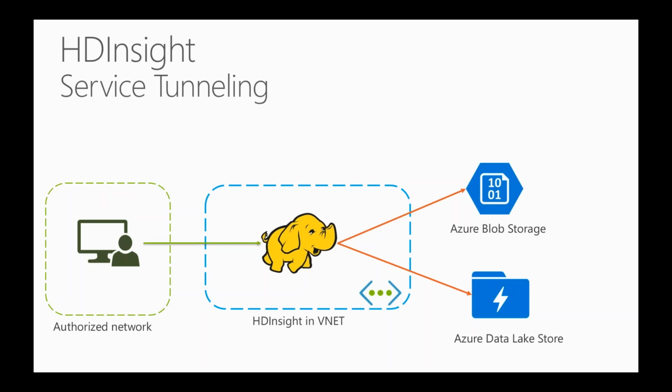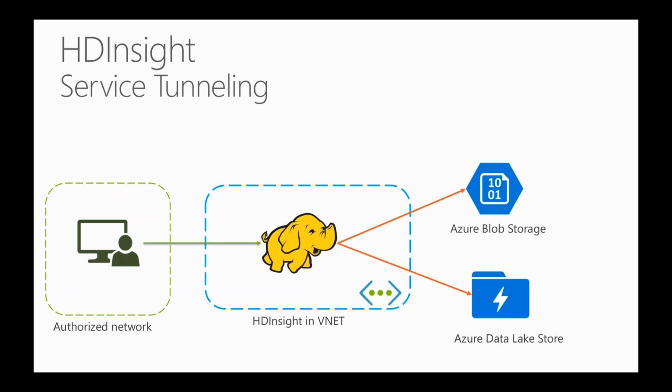The next feature around perimeter security is service tunneling. The number one specific question I get from students in the big data class is about the public endpoints for Azure Blob Storage and Azure Data Lake Store and how HDInsight interfaces with that.